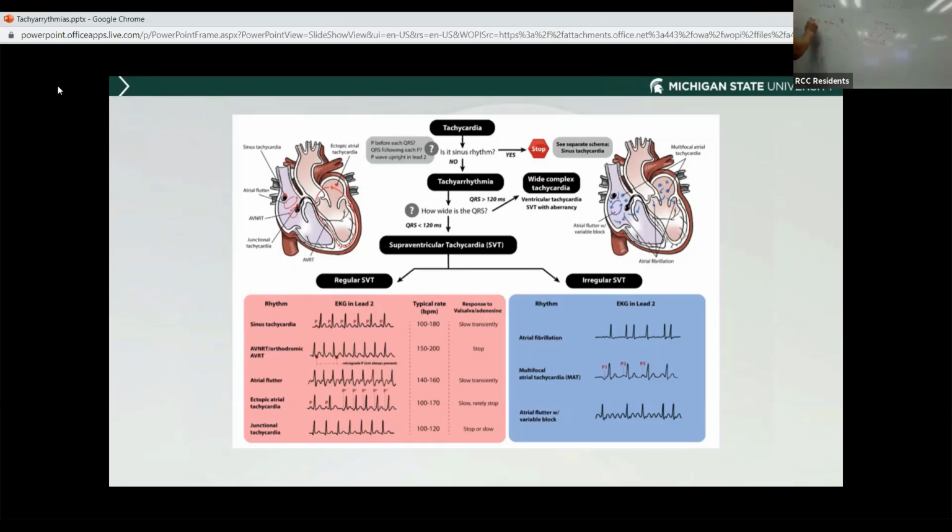Although the AV node has a delay, it has a very short refractory period. The accessory pathway has no delay, but has a longer refractory period.